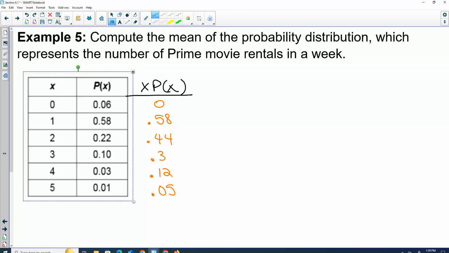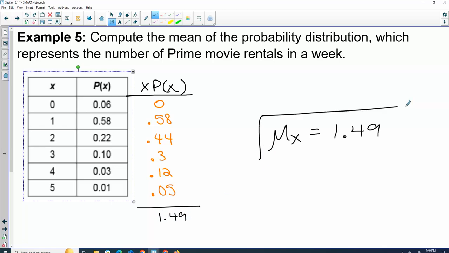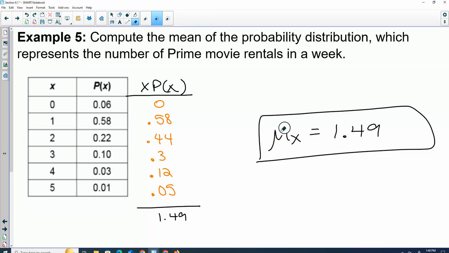Does everybody know where those numbers came from? Mhm. And so then our mean, we just add them up. Did everybody get that for you?